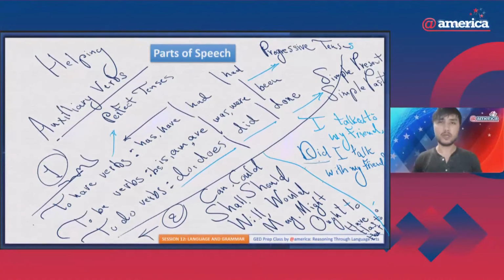Does he sing well? Right? So we cannot change a simple present tense sentence or a simple past tense sentence into an interrogative sentence without using the help of to-do verbs.